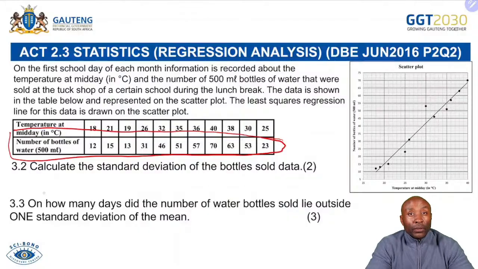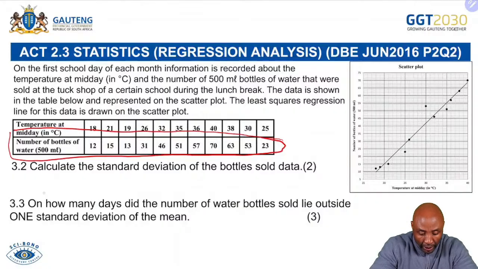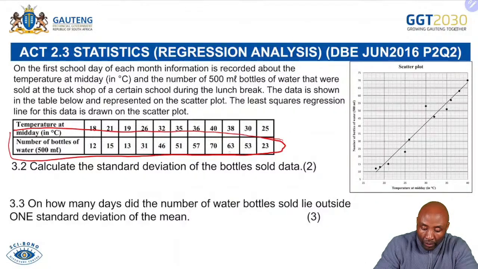Now, please note, because this information you have already punched in your calculators as X and Y, we are going to use our Y. We got our Y bar as 36,53. So that's our Y bar.